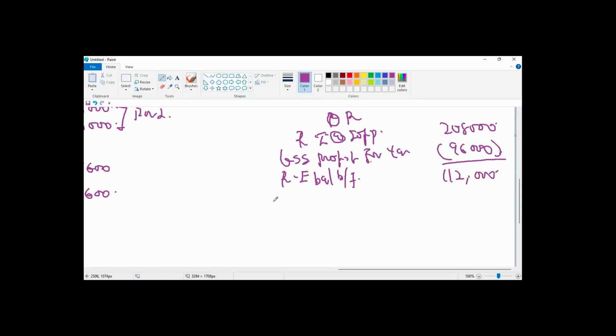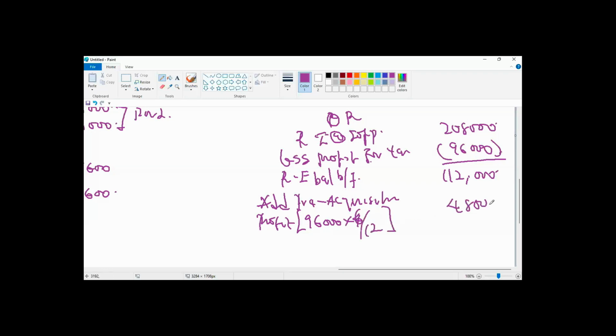I will now add pre-acquisition profits. Unfortunately, this is 6 months. But always remember, if you are using this as pre, the other one is post. I will now say 96,000 times 6/12, which will give me 48,000.